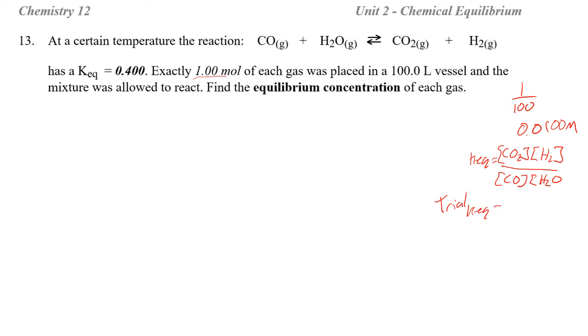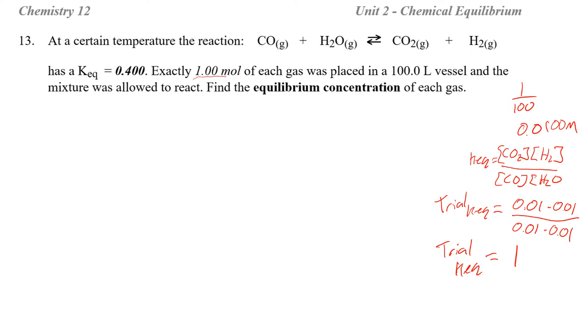Trial Keq equals 0.01 times 0.01 over 0.01 times 0.01. Okay, and I'm not sure how good you are with math. I'm sure some people are using their calculators right now, but you should kind of realize that's 1.